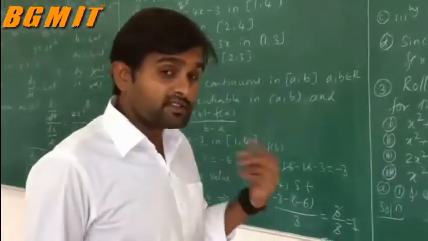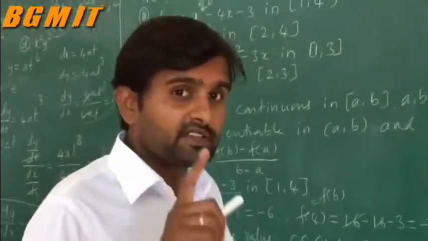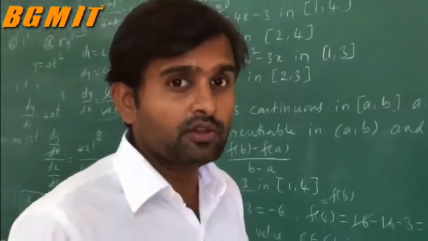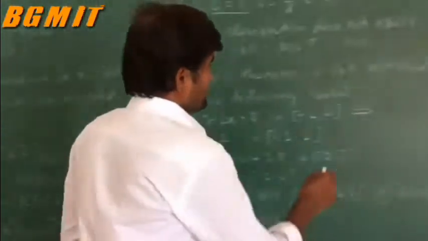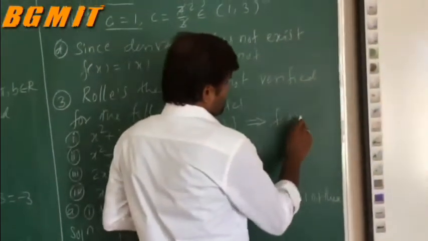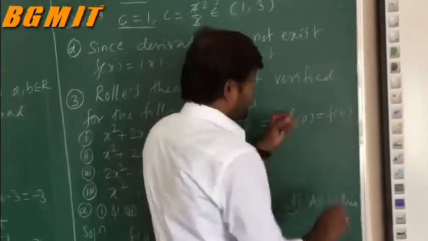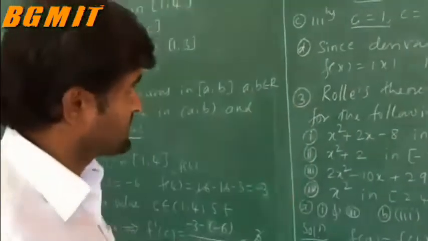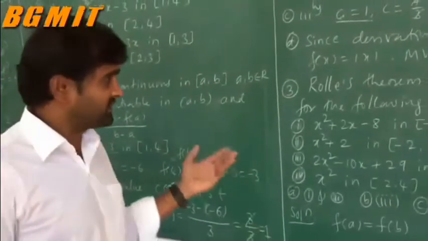Then f of a equals f of b. This condition is extra, and the rest of the things are the same.